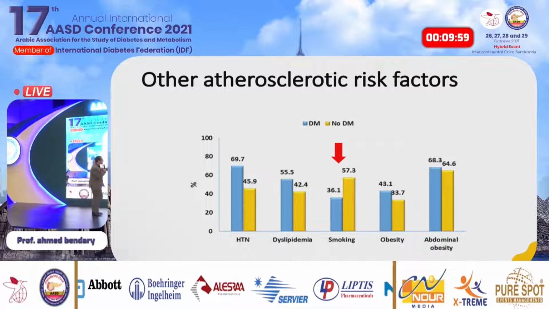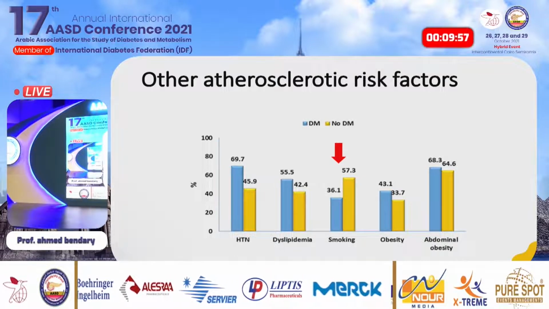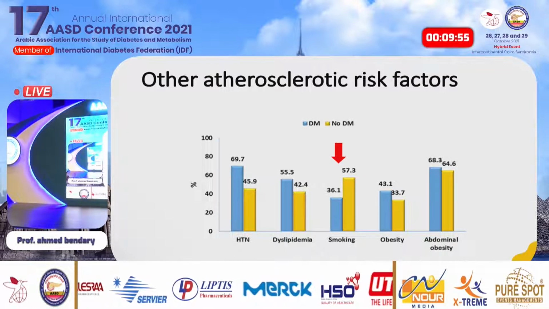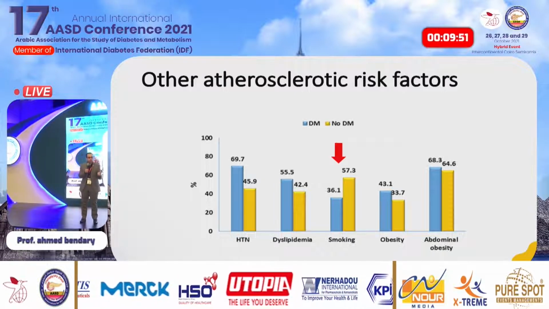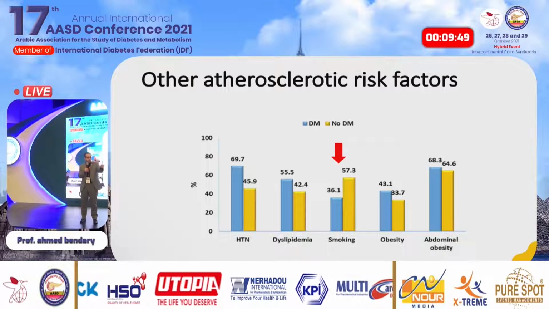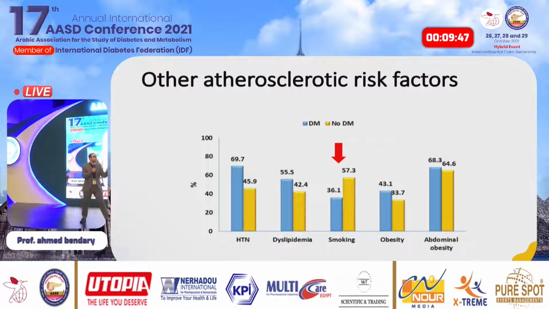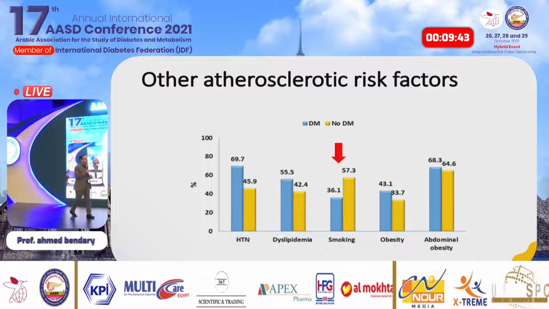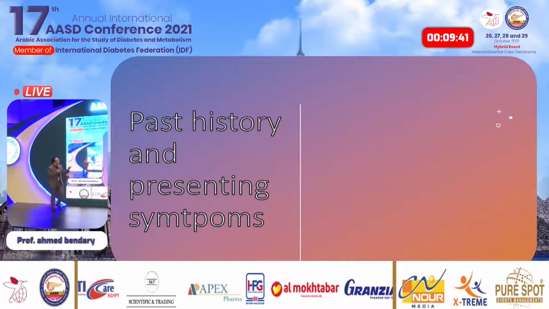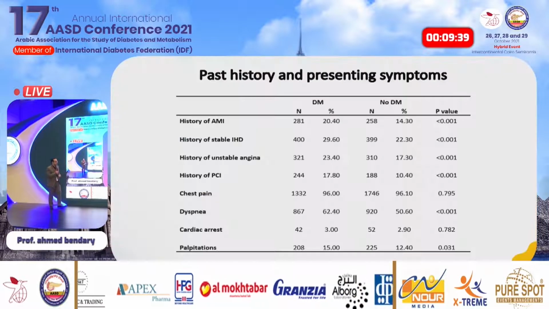However, other risk factors, hypertension, dyslipidemia, obesity, we do not control 100% as opposed to smoking. I can tell you, please stop smoking, but I can't tell you, please don't get obese, please don't get hypertension. This is understandable. But what about the past history and the presenting symptoms?